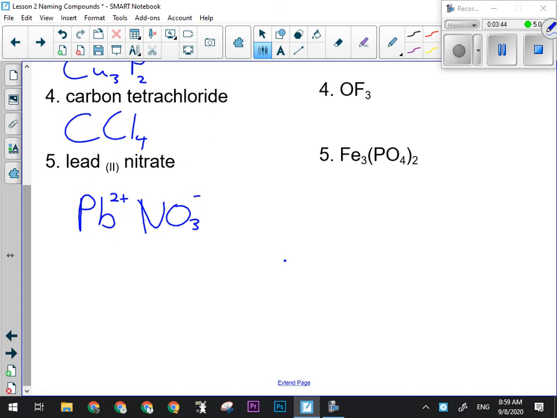Now when I drop and swap, the 1 from nitrate comes over here, but we don't bother writing that. What do I do with nitrate before I move the 2? I have to put it in brackets. Anytime I'm going to have to put a number beside a polyatomic ion, I need to enclose it in brackets and then put the number outside so that everyone knows it applies to the entire ion and not just the last element in it.